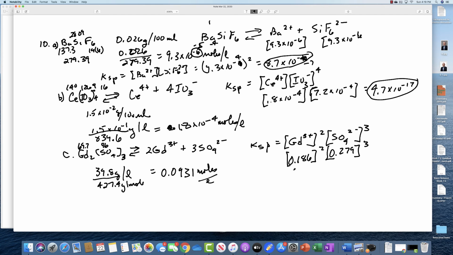So that cubed is 0.0218, and this squared is 0.0346. So the KSP is going to be 7.54 times 10 to the minus 4.